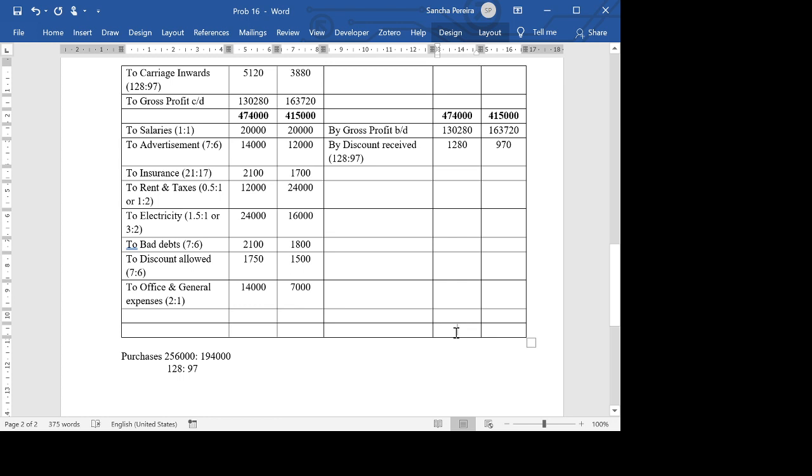And the total here we have is 131,560, and this side there is 164,690.